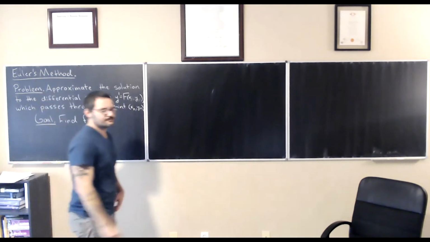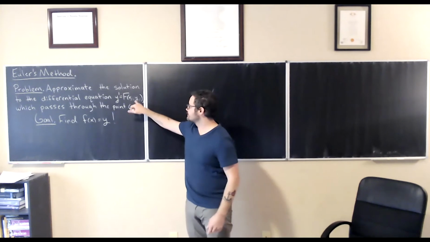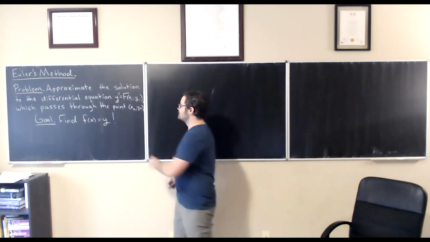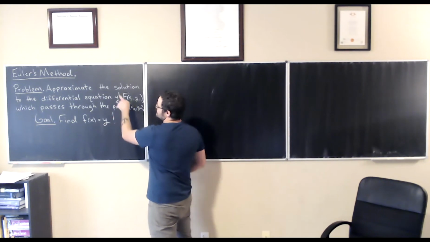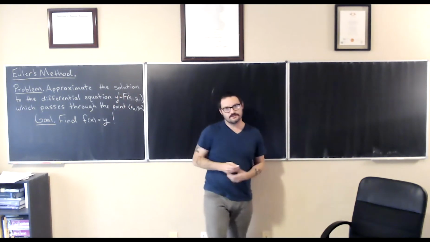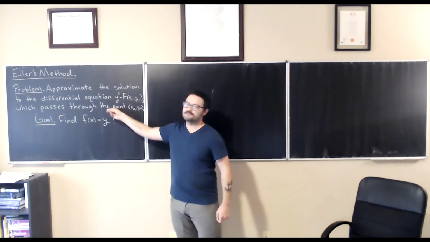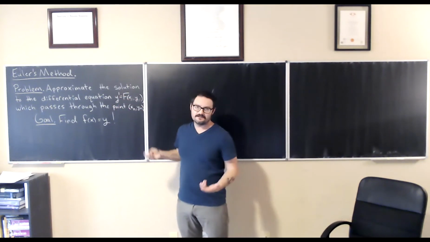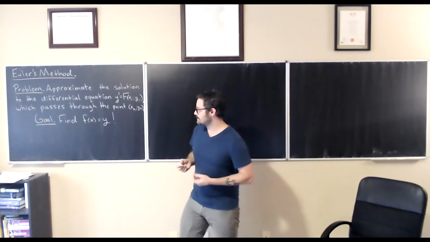That's our goal, okay? And we're given this information. So we know this function passes through this point, and we also know the slope of that function at a given point. That's the important part. This tells us the slope, because the derivative at that x and y, if we plug in, will give the slope of the function at that point.